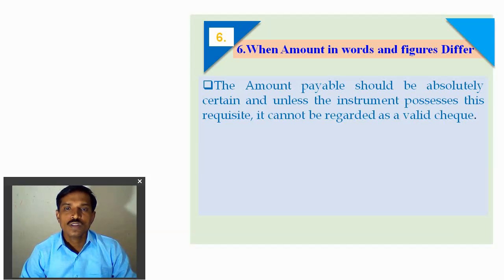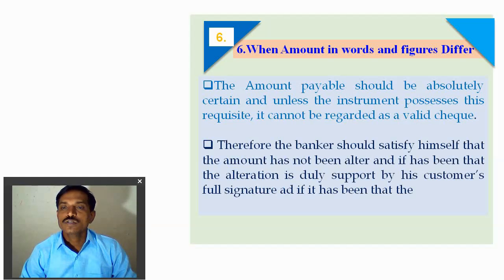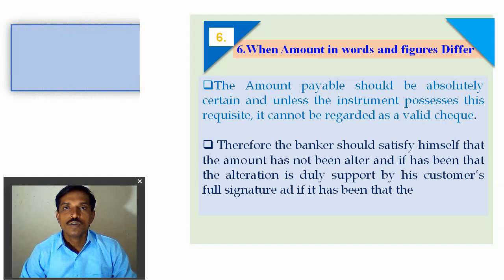Therefore, the banker should take care to satisfy himself that the amount has not been altered, and if it has been, that the alteration is duly supported by his customer's full signature, as it is a negotiable instrument.